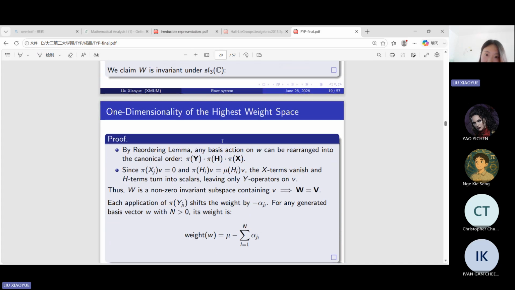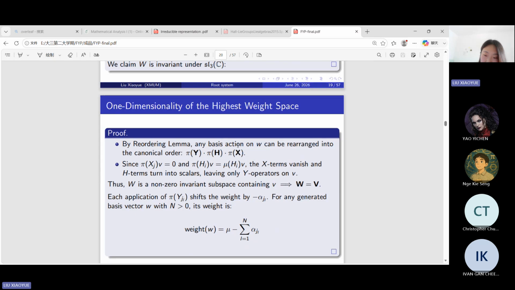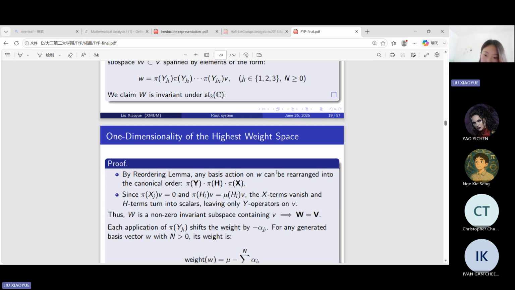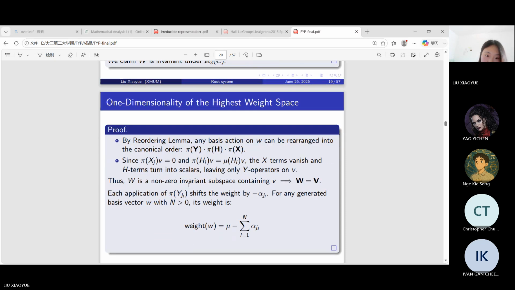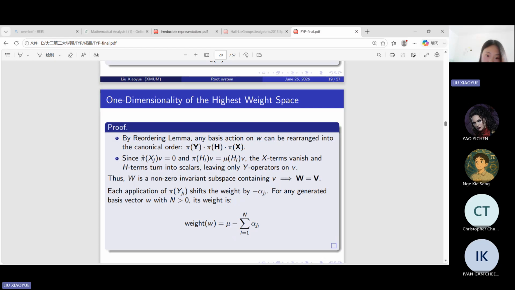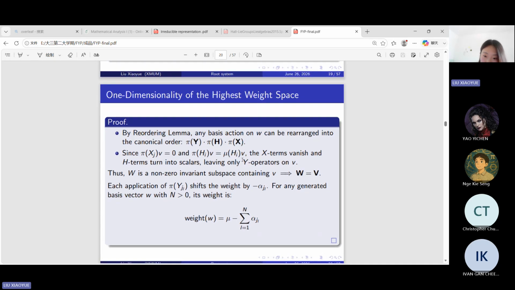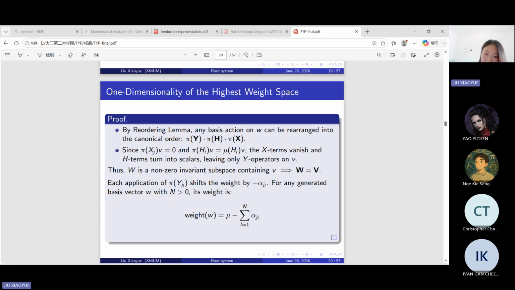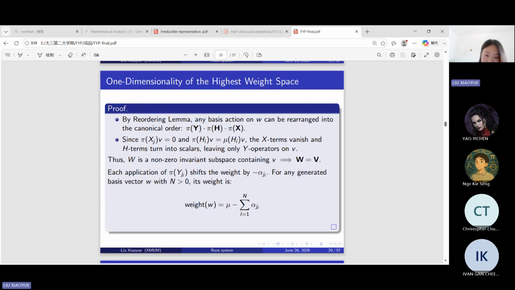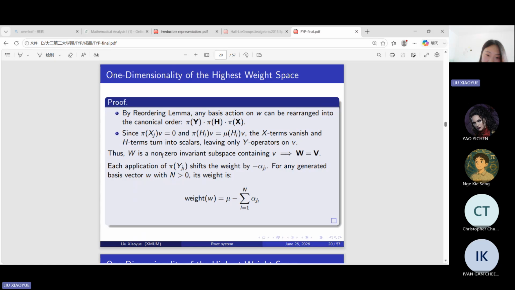We know that any basis action on W can be rearranged into the proper order. And since pi of X on v equals 0 and H acting on v gives scalars, only Y operators are left acting on v. So we say W is a non-zero invariant subspace containing v.